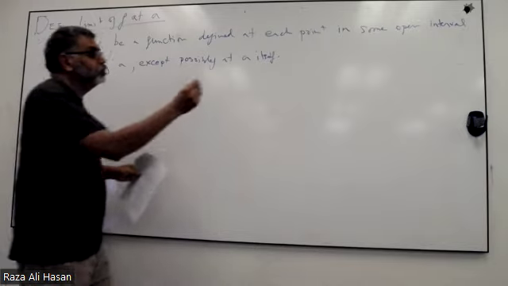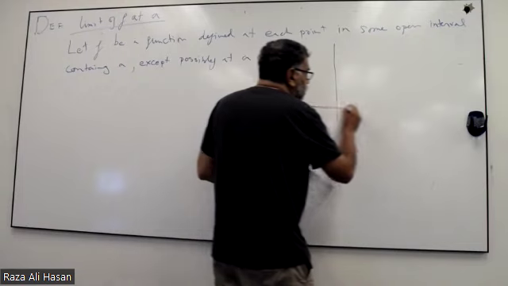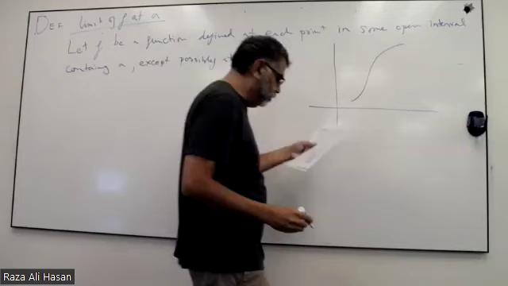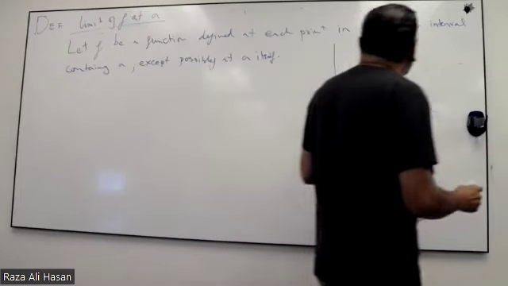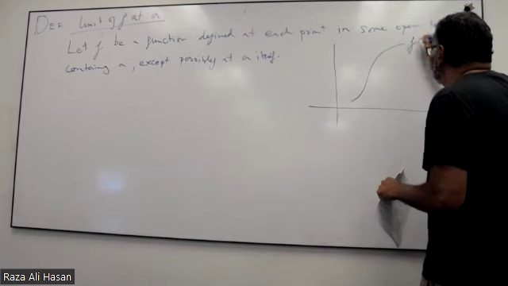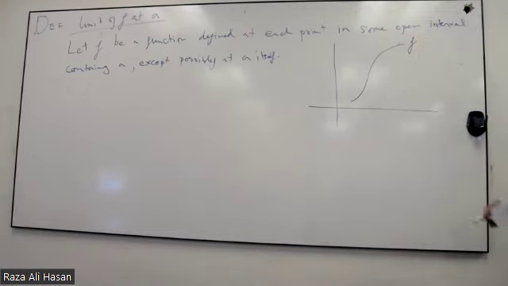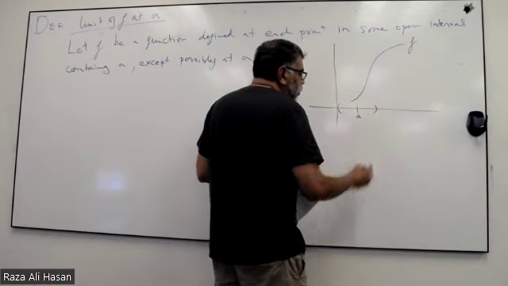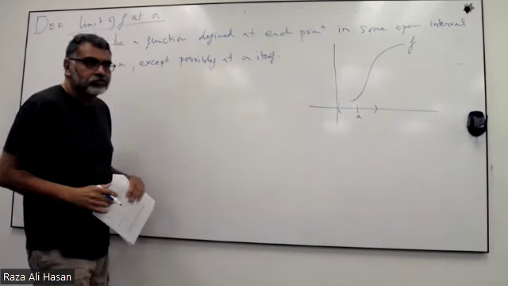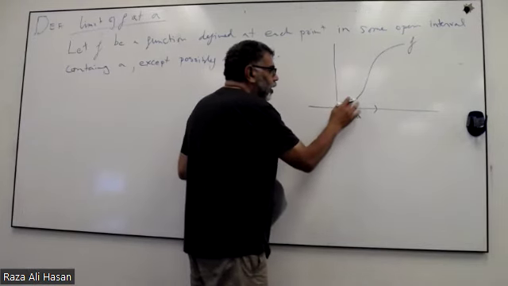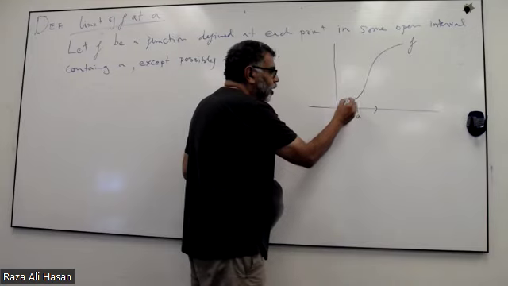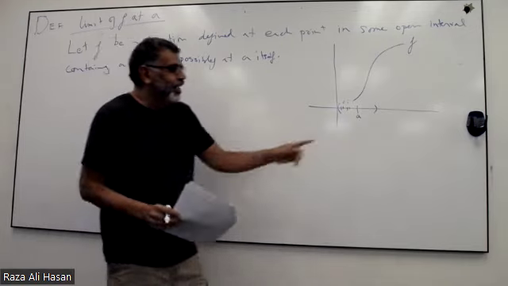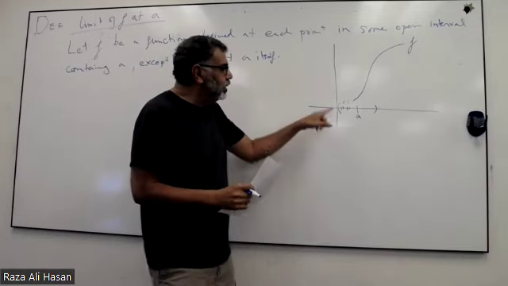So let's put a graph here. What is it saying? We have a function f, which is defined at each point in this open interval.